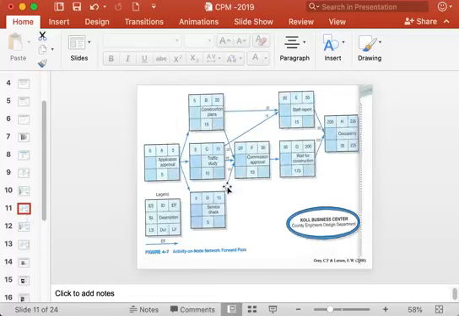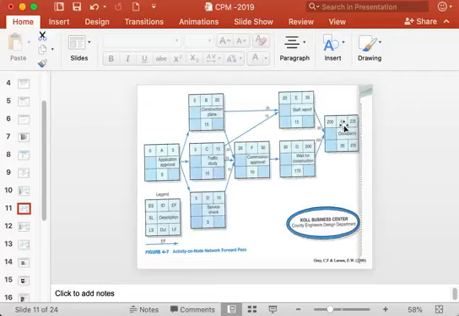Okay, so the calculation of the earliest times, you can see earliest start and earliest finish, earliest start, earliest finish, and so on. In this calculation we have done the calculation of earliest times. The calculation of earliest times from the first activity till the last activity is called forward pass.